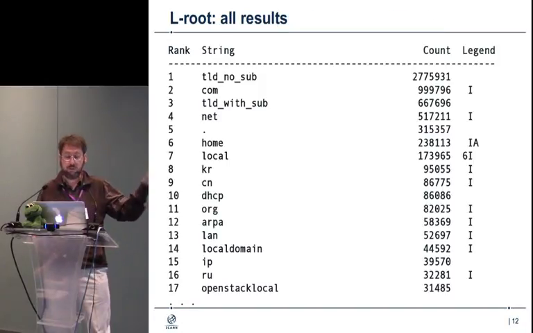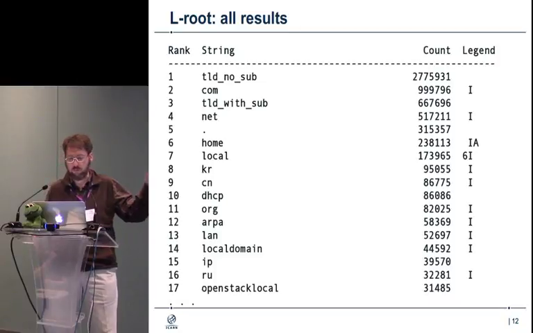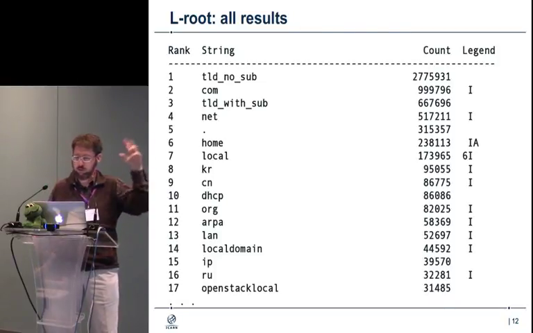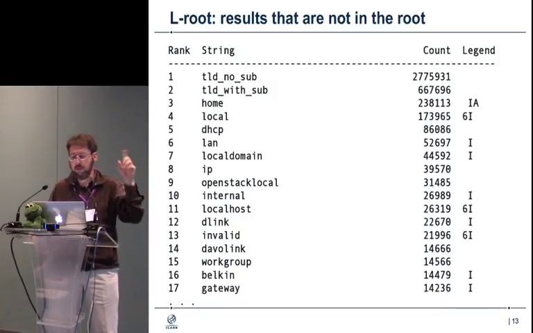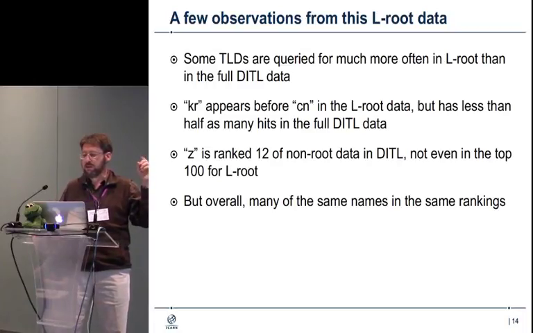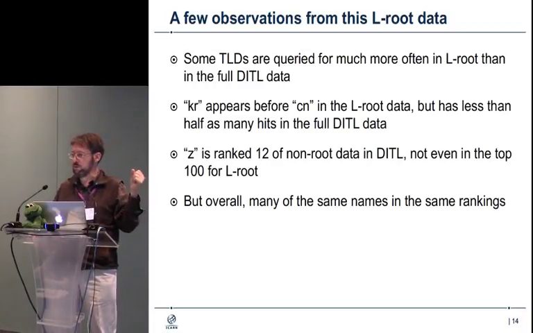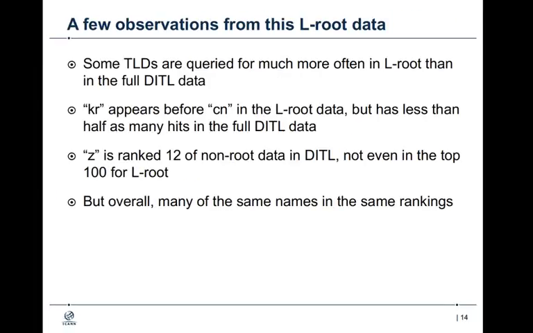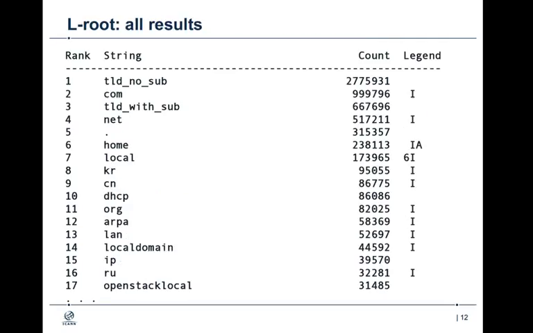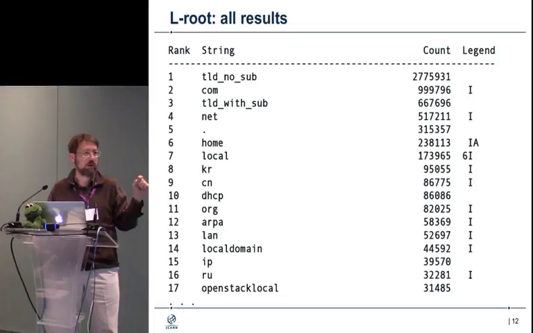So these look similar to the all results from a bit before, and then these look similar to the ones we had here. But some of the TLD queries for LRoot happen much more often than they did across the DIDL data. I'm sorry, I should be clear. These numbers are actually from our own machines, on the same day of DIDL.